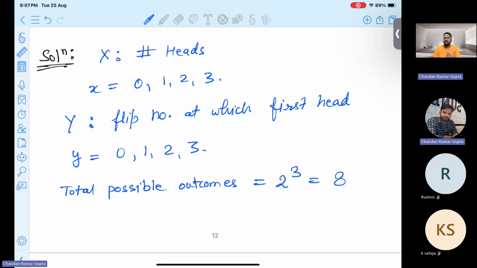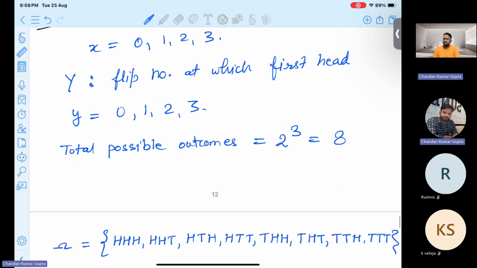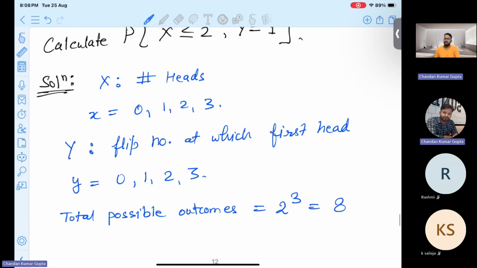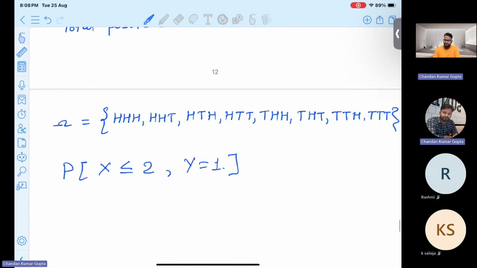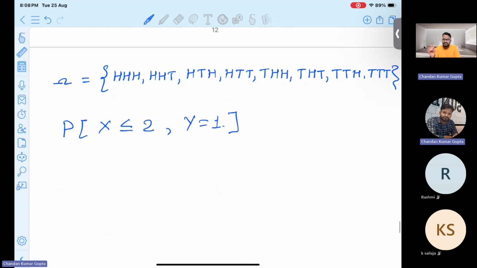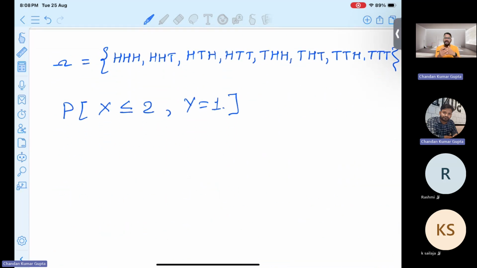Y equal to 1 means the flip number at which the first head occurs is 1, so at first we will get the head only. And then X less than or equal to 2 means X is equal to 0, 1, or 2.